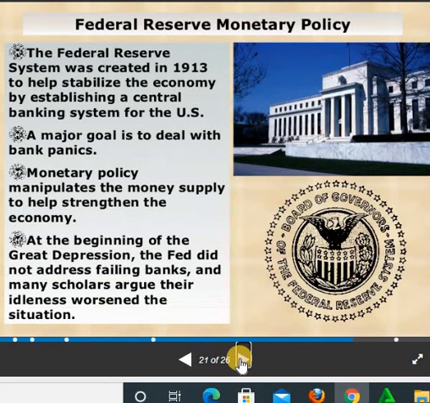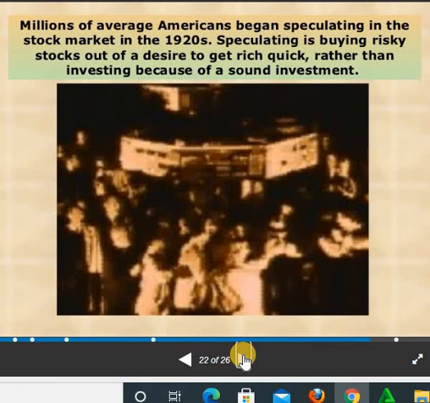But at the beginning of the Great Depression, this Federal Reserve bank didn't manage the situation. It did not address the monetary issues that were there during this period. So scholars argue that the idleness of the Federal Reserve monetary system worsened the situation.